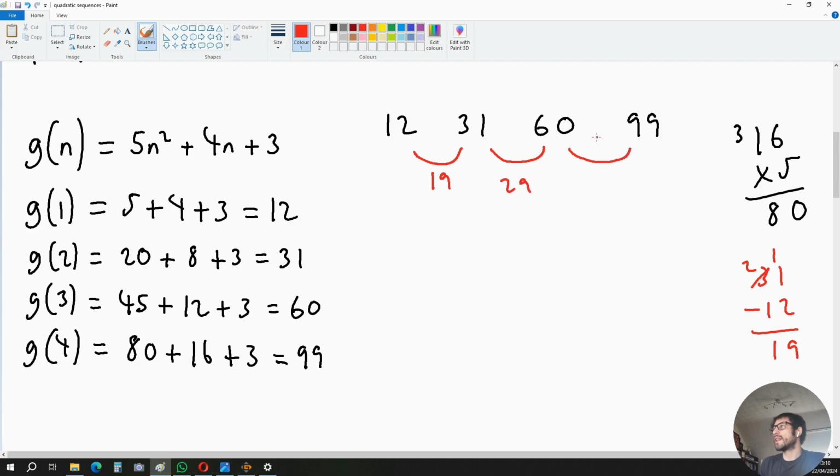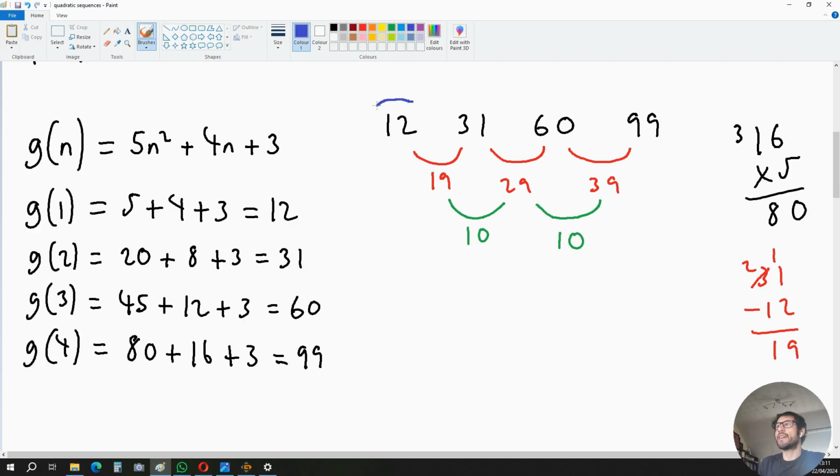And the difference between 99 and 60 is 39. Okay? Next up, we're going to find the differences between the differences. The difference between 29 and 19 is 10, and the difference between 39 and 29 is also 10.